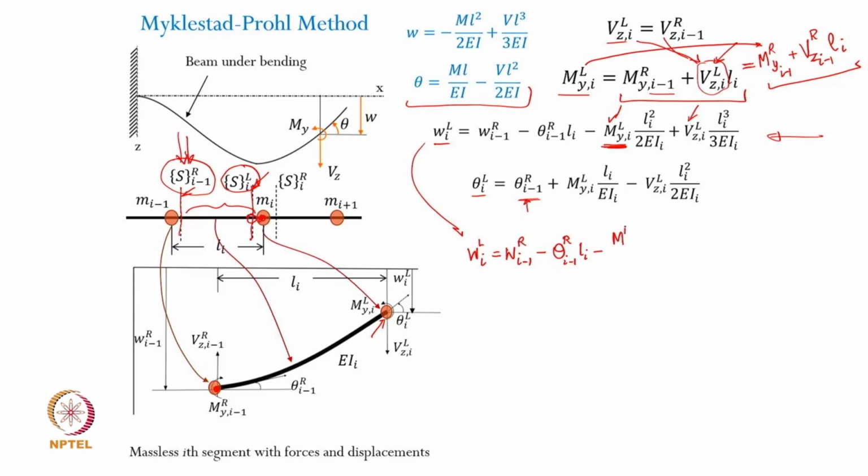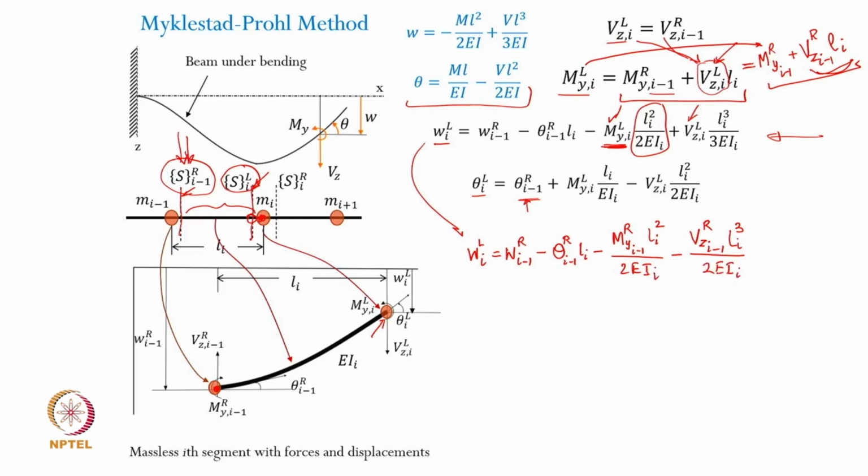When I replace it, M_{ry,i-1} and then you multiply it with this L_i squared upon 2EI. Okay, this is minus this, and then I need to add this part. So minus V_{z,i-1}^R. Now L_i into L_i squared becomes L_i cubed divided by 2EI.